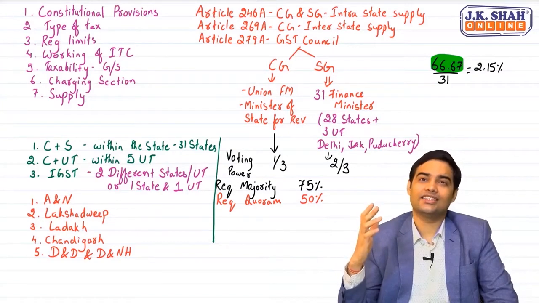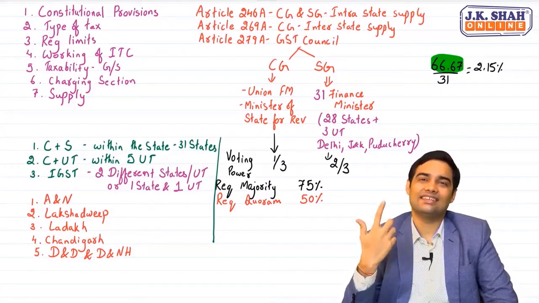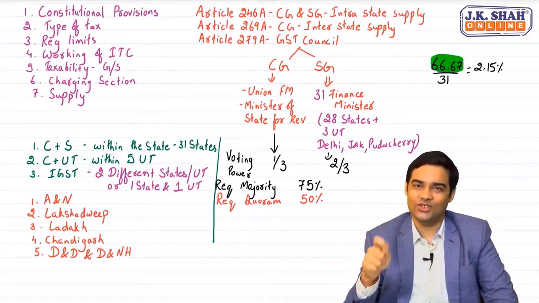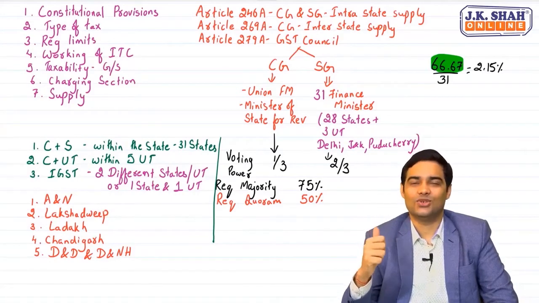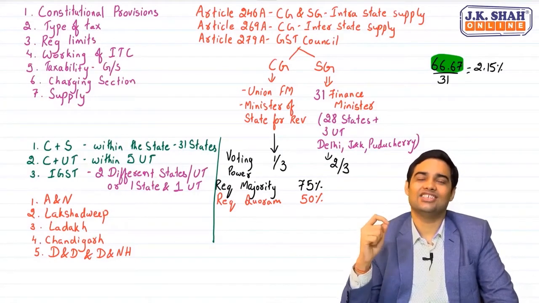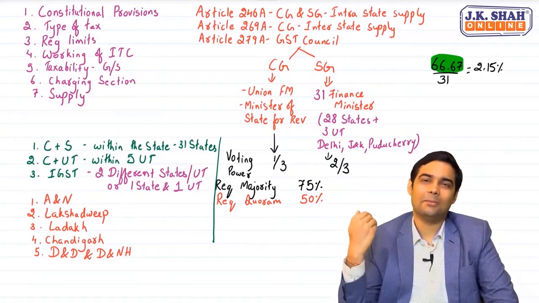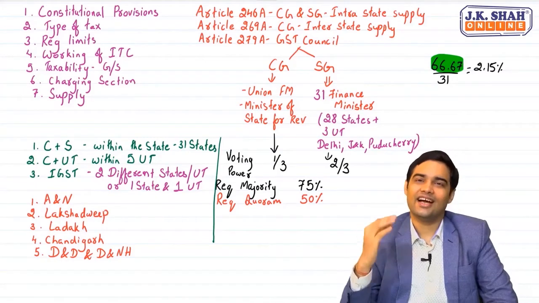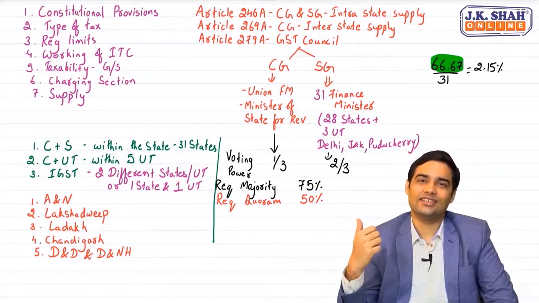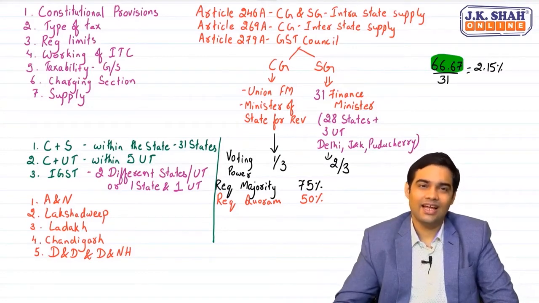Within Jammu and Kashmir, C plus S. Within Ladakh, C plus UT. Within Daman and Diu, C plus UT. Daman and Diu to Jammu and Kashmir, IGST. Mumbai to Bangalore, IGST. Bangalore to Chennai, IGST. Chennai to Hyderabad, IGST. Clear with this?